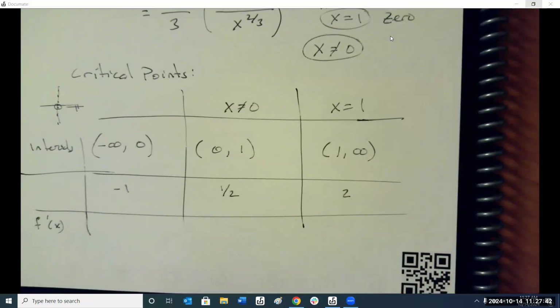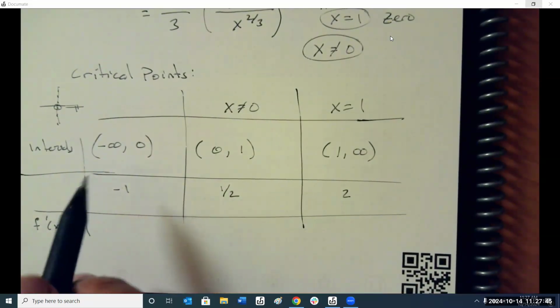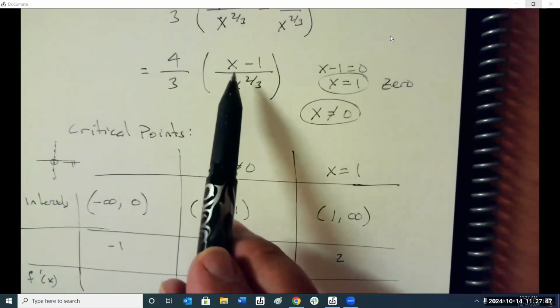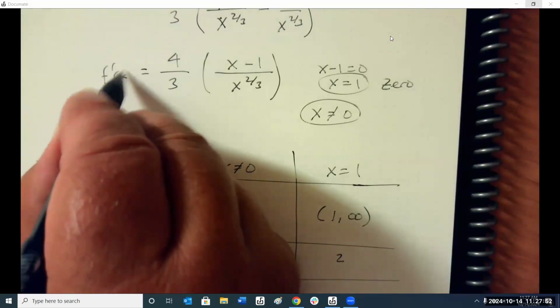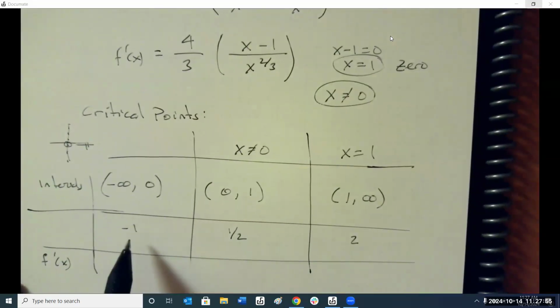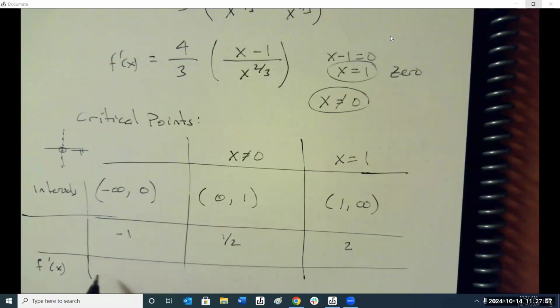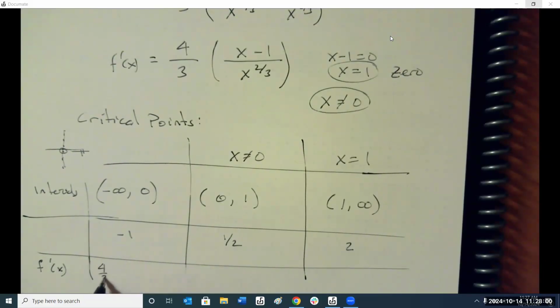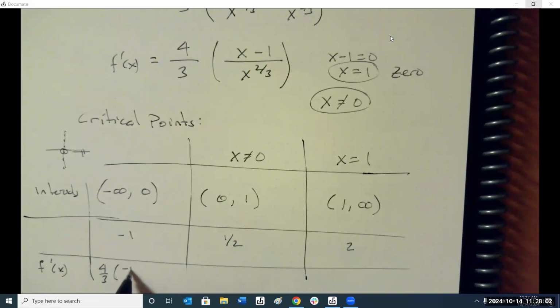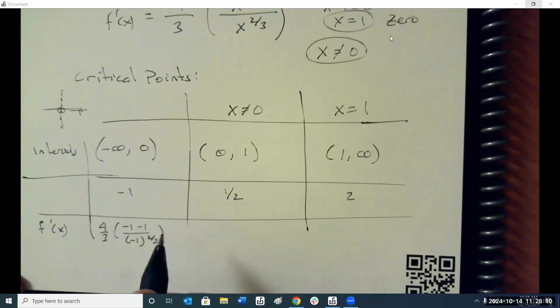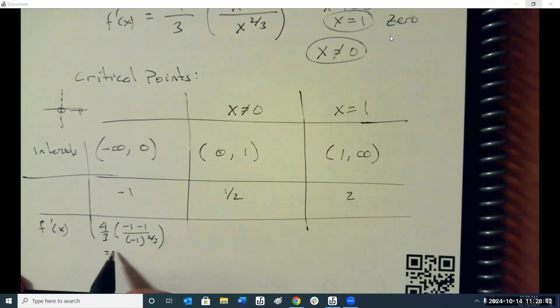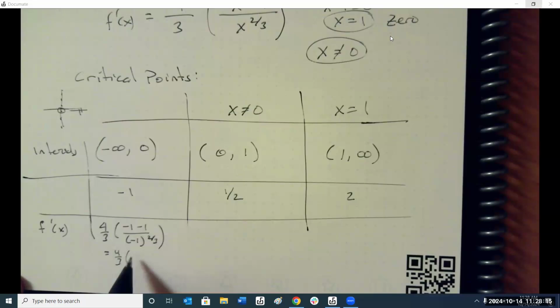Remember, we want to know what the slope is doing. So the formula we're using is this one right here. This is the first derivative. If we put -1 inside there, we get 4/3 times (-1 minus 1) over (-1) to the 2/3. -1 minus 1 is -2.